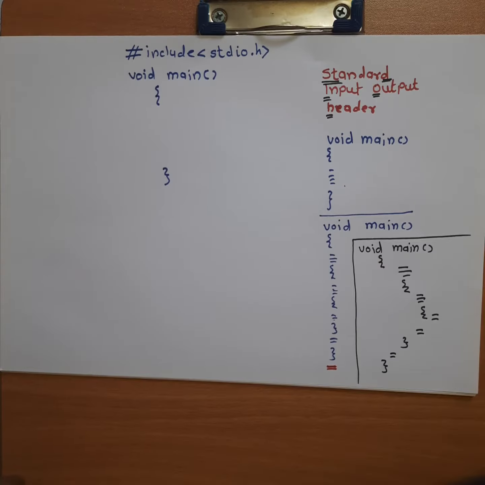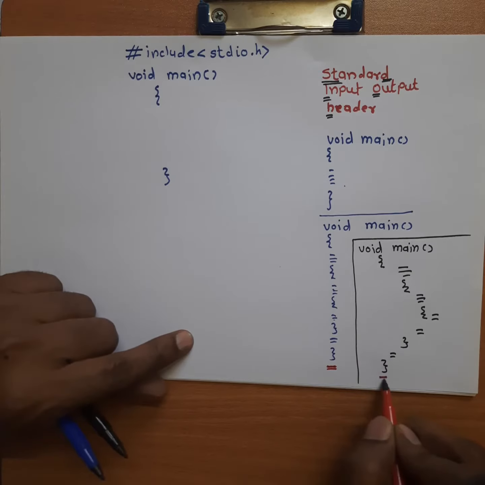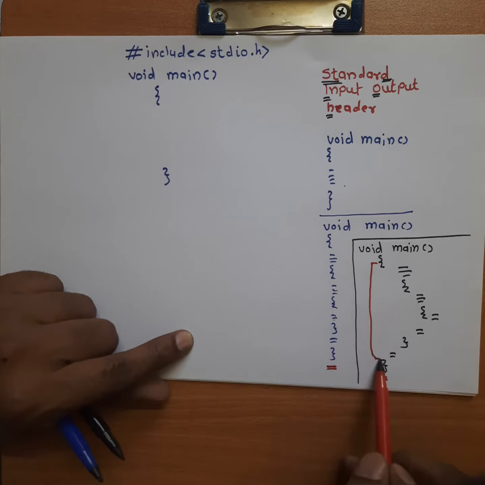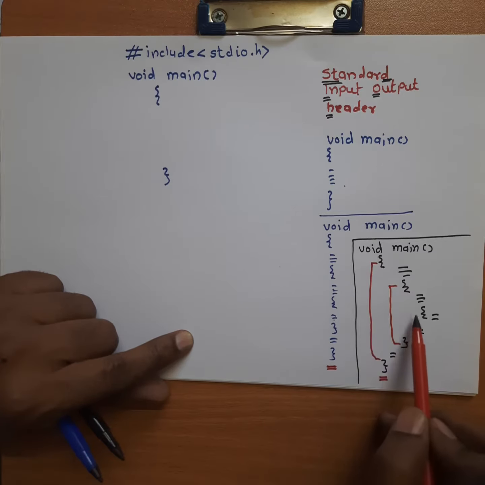If it gives an error of missing curly bracket, then by looking at this is the starting, this is the closing, this is the starting, this is the closing, we can easily understand that a curly bracket is missing. So we can put a curly bracket here to avoid the error.